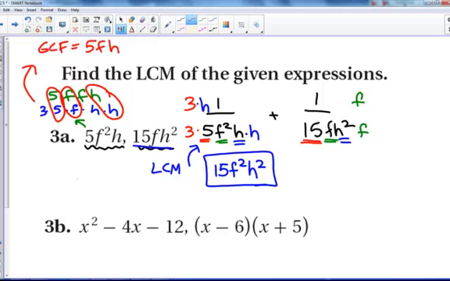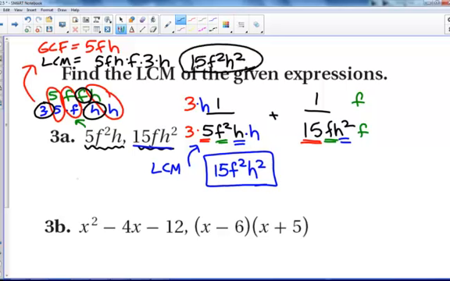And the least common multiple is the greatest common factor times everything else. So I need to multiply by an f, multiply by a 3, and multiply by an h. So I still get that 15 f squared h squared as my least common multiple. So it's another way to do that if it makes it easier.